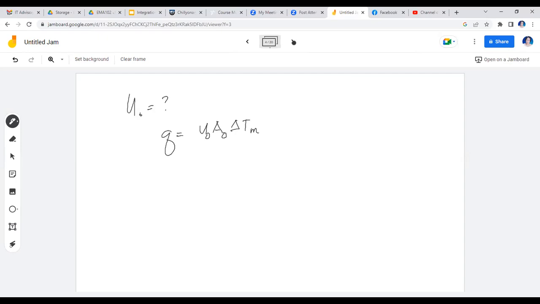We can find this U sub O based on this formula, provided that we get to know the Q.